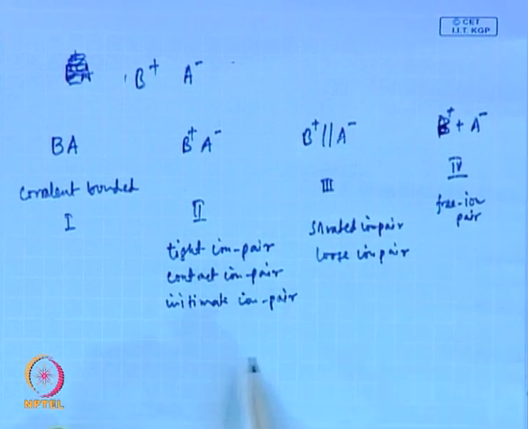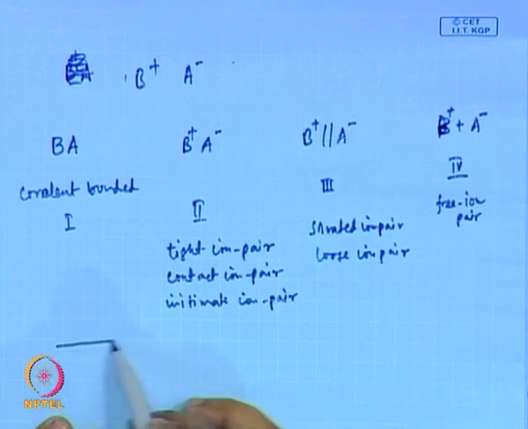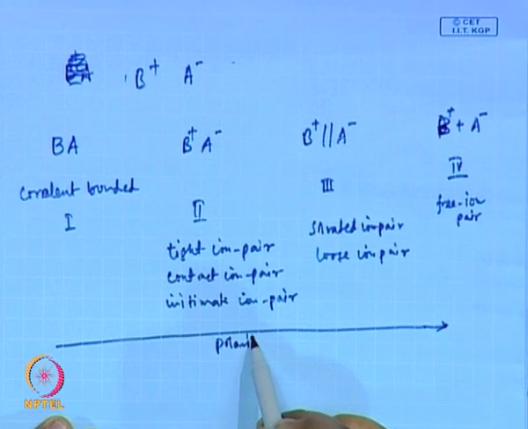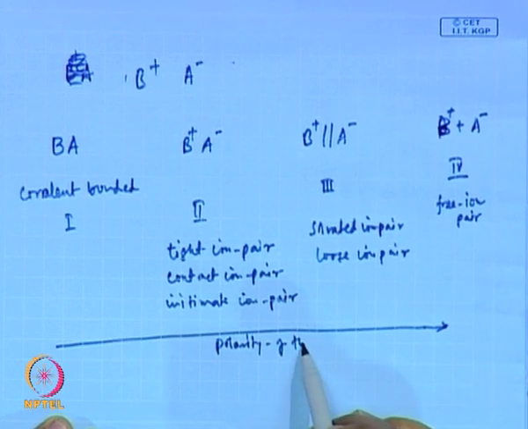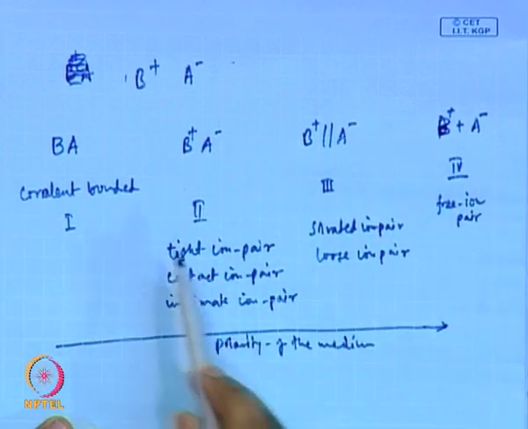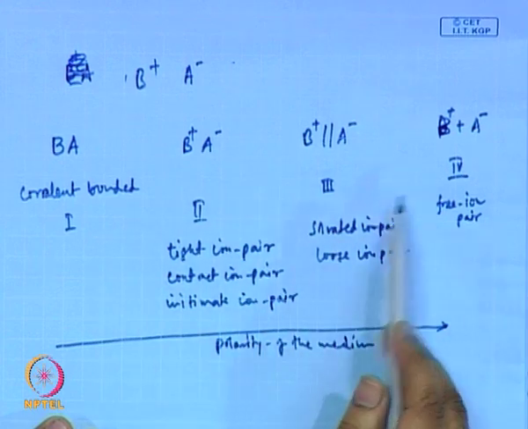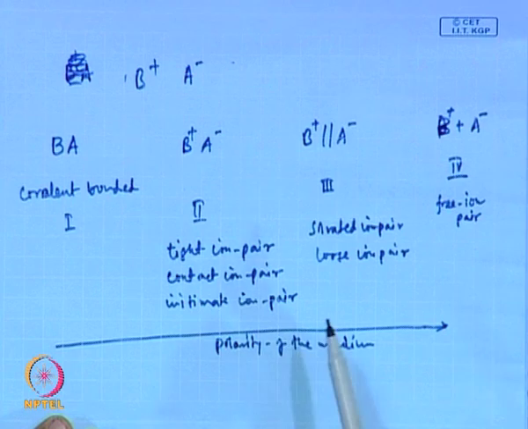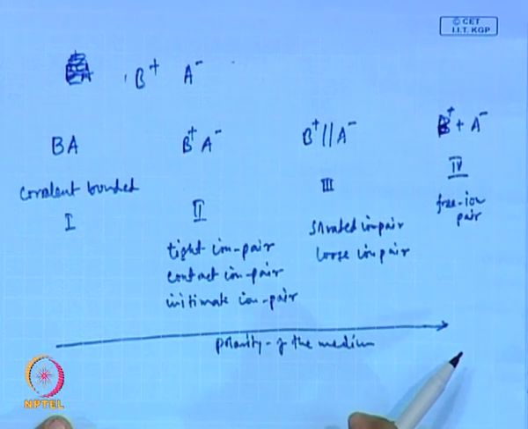Now, obviously, if you increase the polarity of the medium, the more polar means the ions get solvated and finally become a free ion pair.